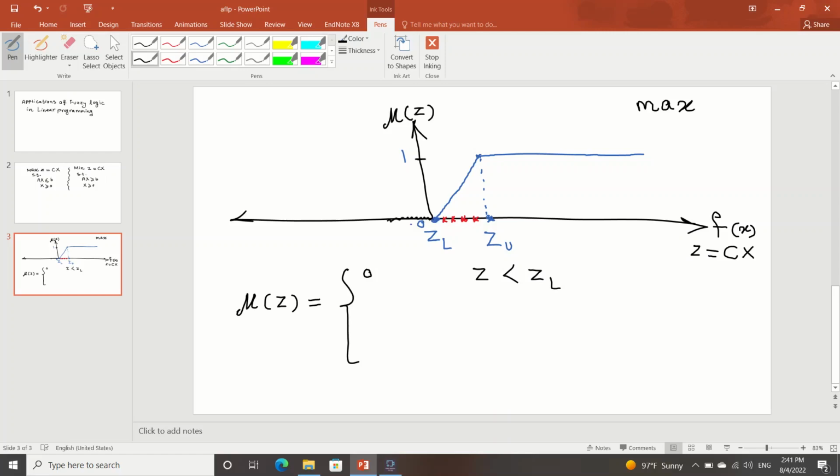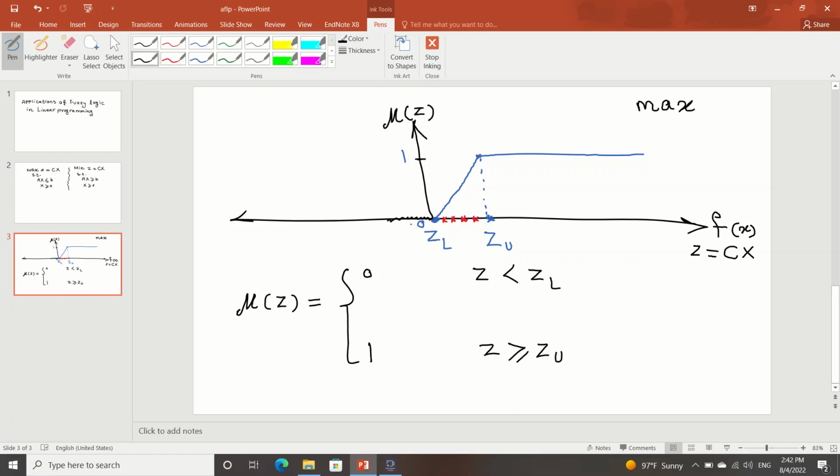Less than this point. And after upper Z, ZU, when Z is greater than or equal to ZU, you can see the membership degree equals 1.